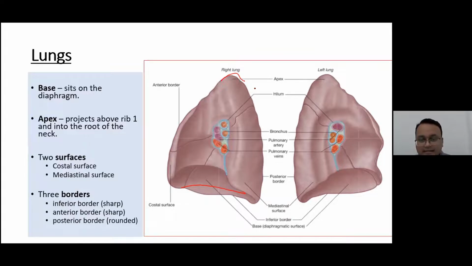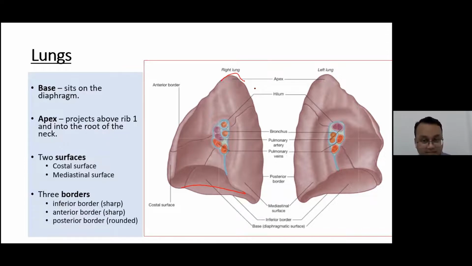Besides that, the lungs have two surfaces. Mainly, we call them the costal surface, meaning the one in relation to the ribs and the intercostal space, and the mediastinal surface, the one on the medial side.